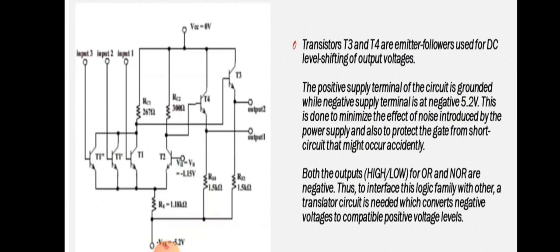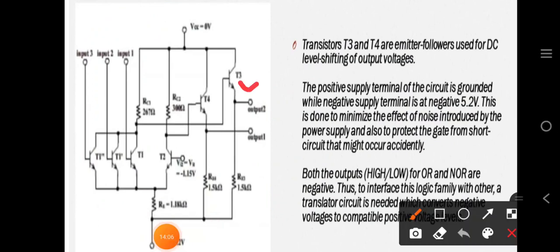Transistors T3 and T4 are emitter followers used for DC level shifting of output voltages. After that, the positive supply terminal of the circuit is grounded while the negative supply terminal is at negative 5.2.